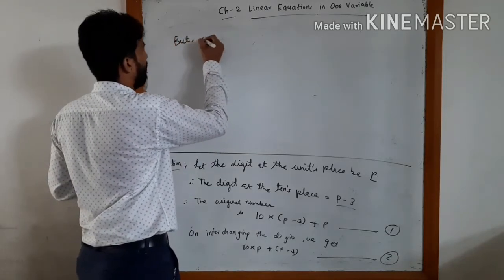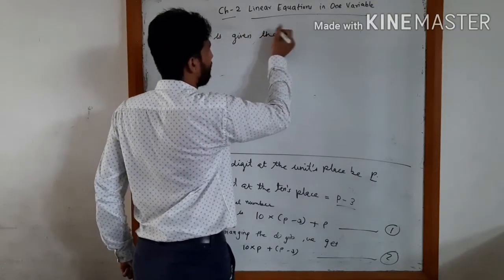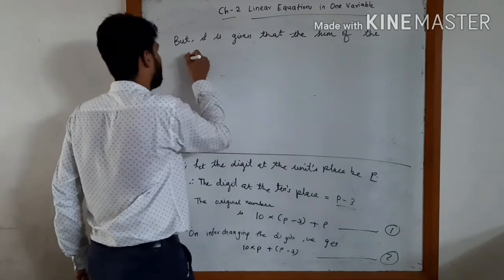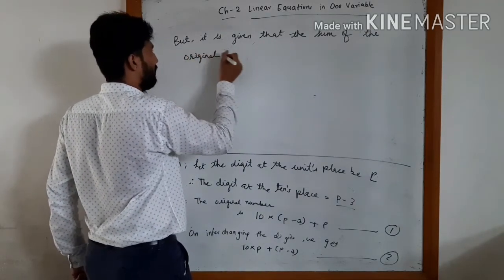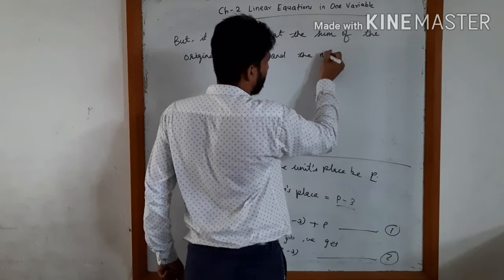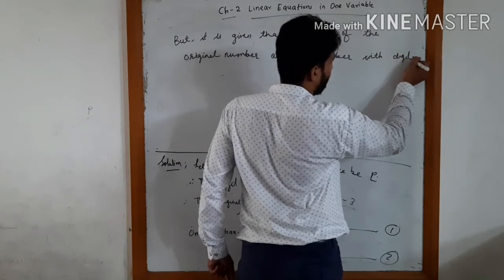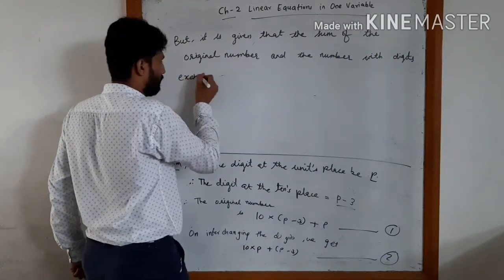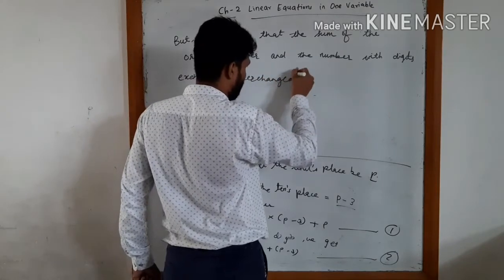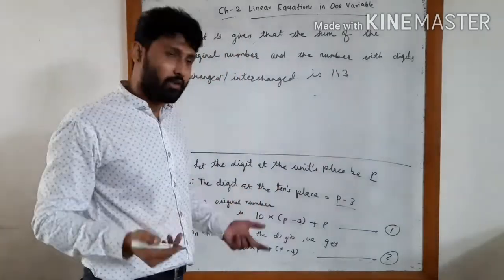It is given that the sum of the original number and the number with digits interchanged is 143, and your equation is very simple.